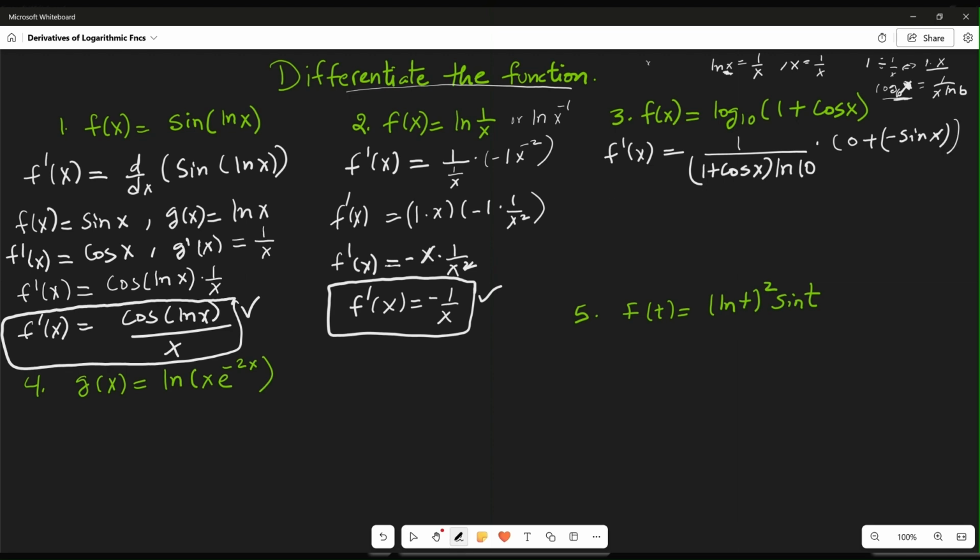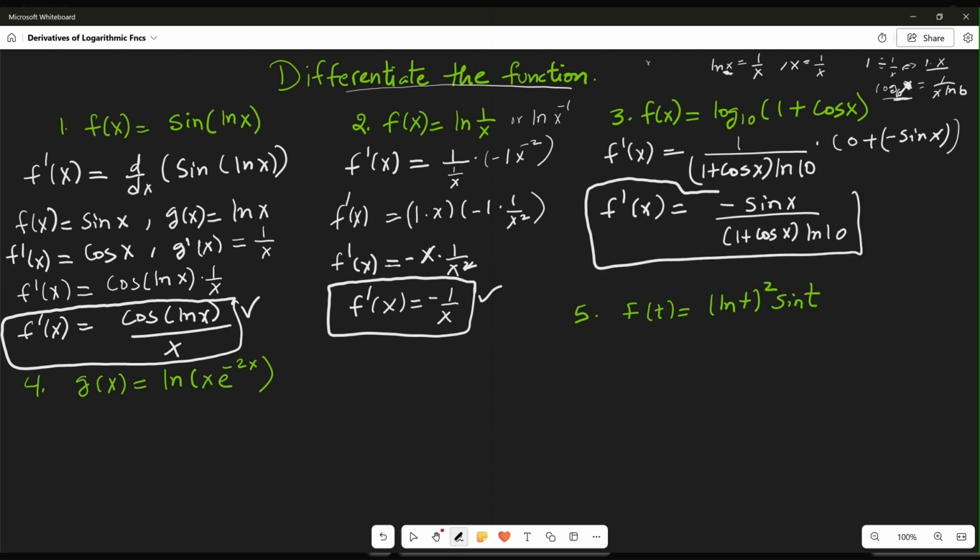So the derivative of this function is negative sine x divided by 1 plus cosine x times natural log 10. As simple as it is.